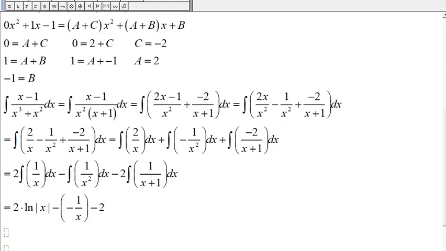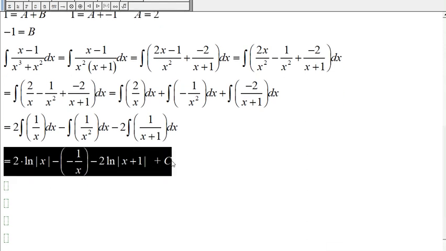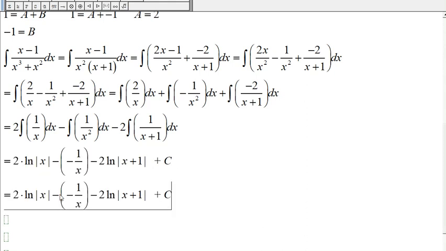And then minus 2, and then this is ln of the absolute value of x plus 1. And then the final answer, minus and minus becomes plus.